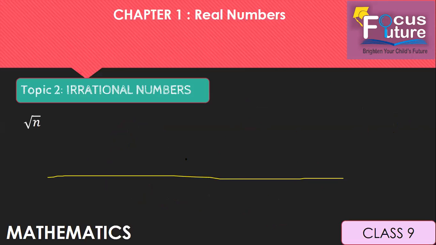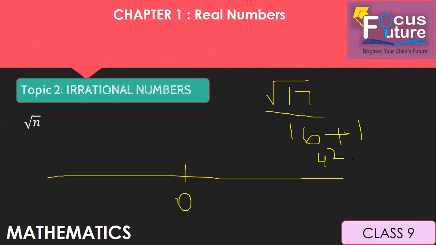If this is your number line, this is your 0. If I want to represent root 17 on the number line, let us split this as a square form. 16 plus 1. 16 is the square of 4, and 1 is the square of 1.